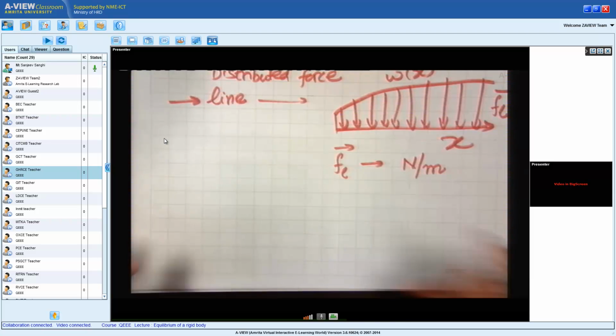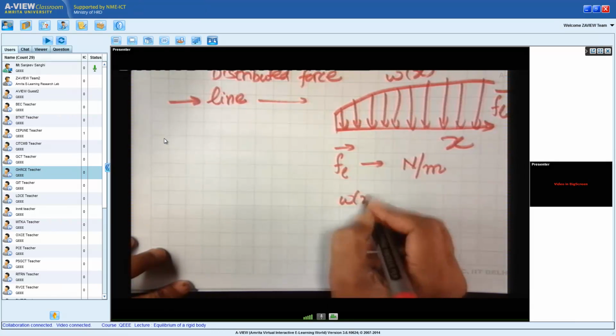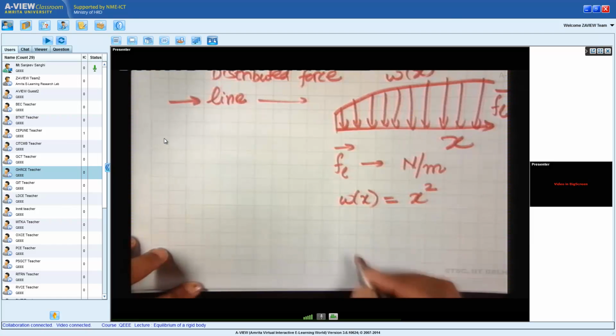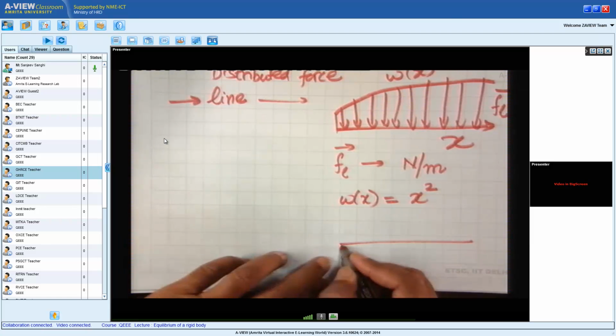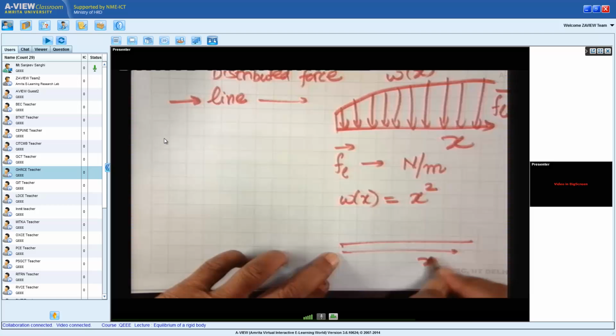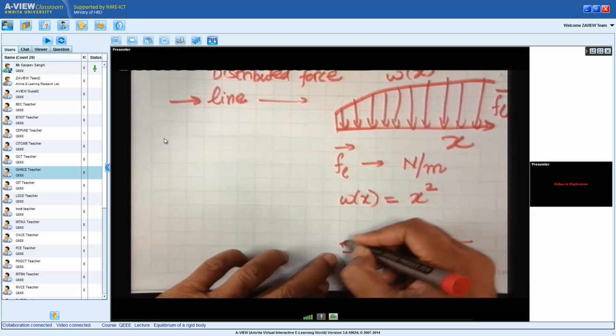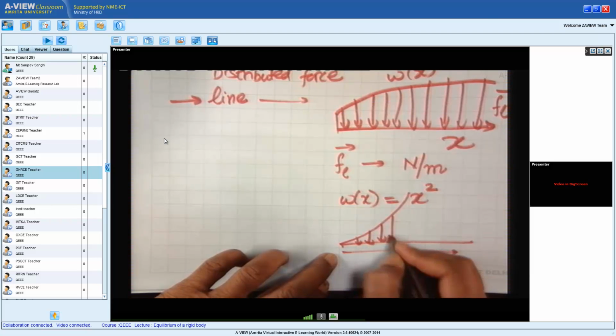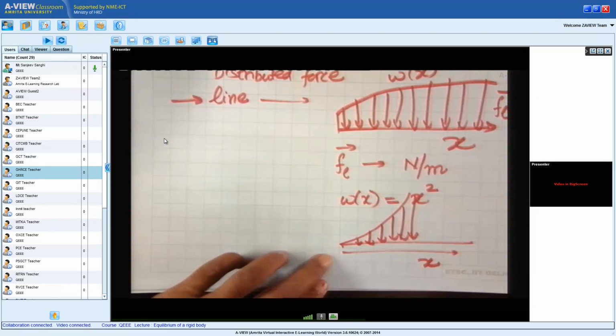So now let us say we have a force where W of x could have any shape. Let us say this is equal to x square. So that means I have a line element where this distance is x. On this, a force is acting which is equal to x square.